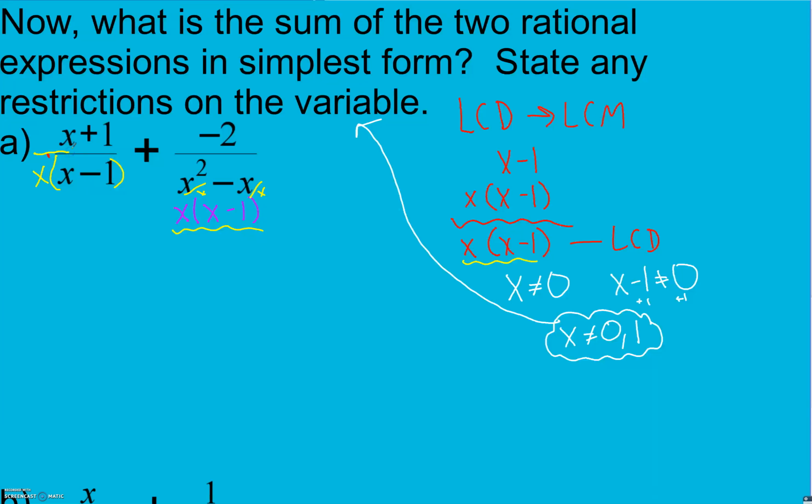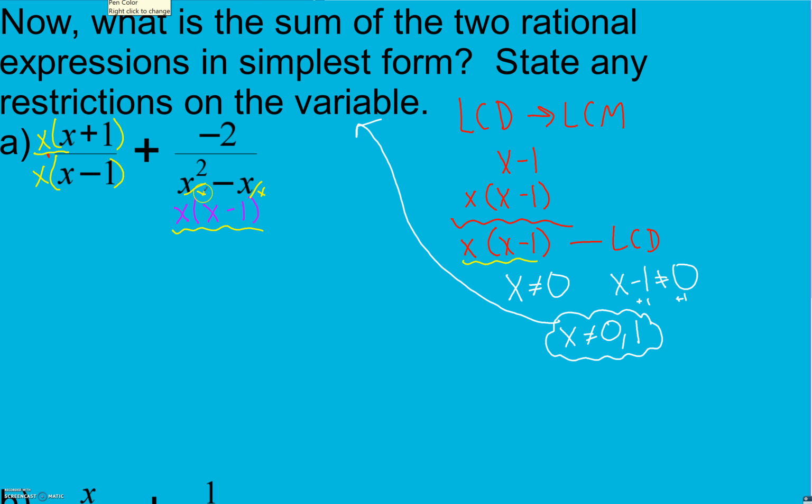Then again, remember, whatever I do to my denominator, I have to do to my numerator to keep it equivalent. x divided by x is just 1. 1 times anything is itself. So I didn't really change the value there. I just made it equivalent denominators so that we can combine them.